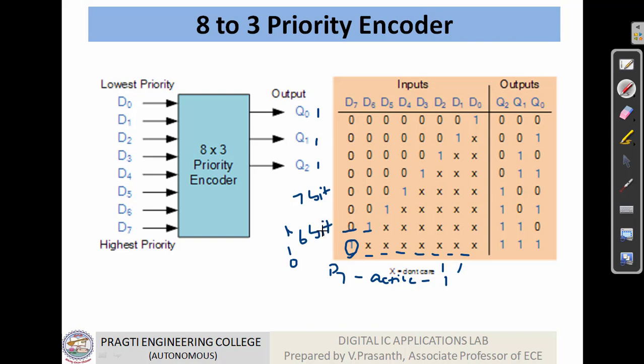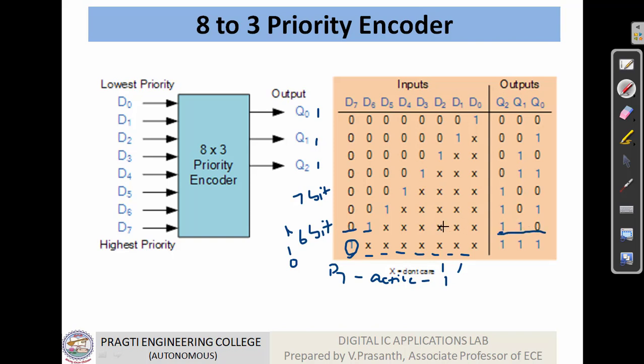So in order for D6 to be active, D7 should be inactive, because D7 being the highest priority, only if D7 is inactive will D6 be active, and the output will be D6. D6 will be presented at the output. So obviously we will be getting 1, 1, 0.